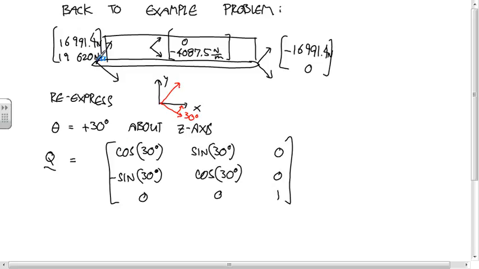Yeah, because the z-axis is pointing out of the page at us, and our thumb is pointing in that direction. So that's a positive rotation about z. And so numerically, that gives us 0.866, 0.50, negative 0.5, positive 0.866, 0, and then 0, 0, 1.